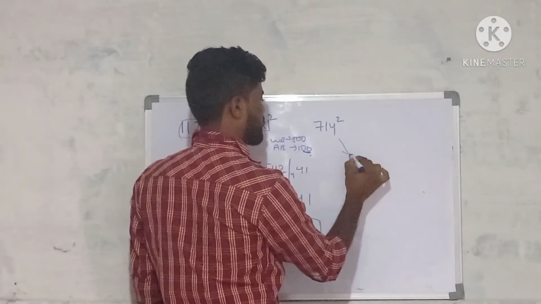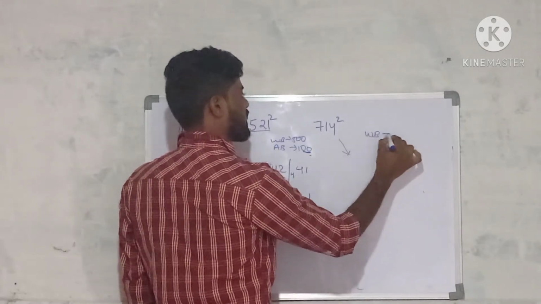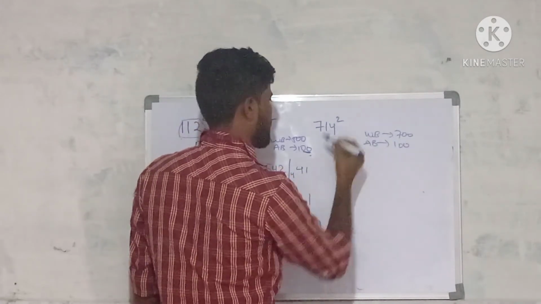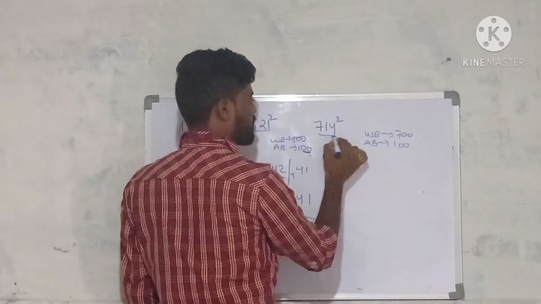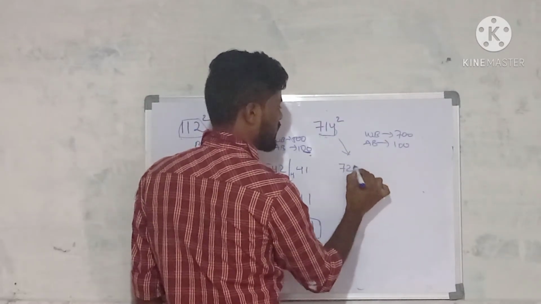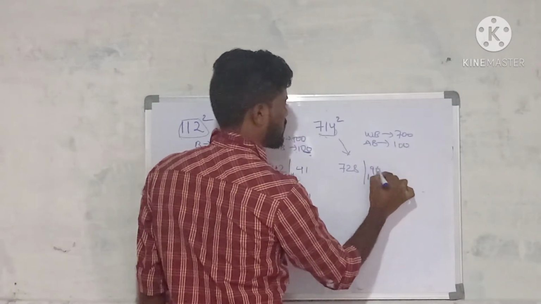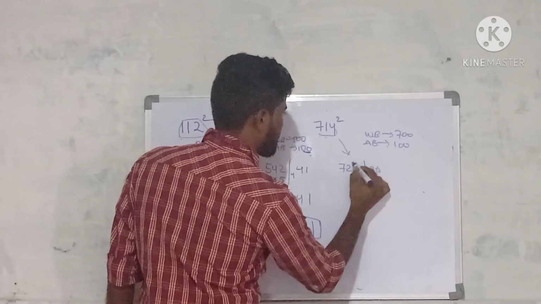714 square. Working base 700, actual base 100. It is 14 more than the working base. Add 14 to this number. 728. 14 square 196. Since we have to keep only 2 digits, 96. 728.